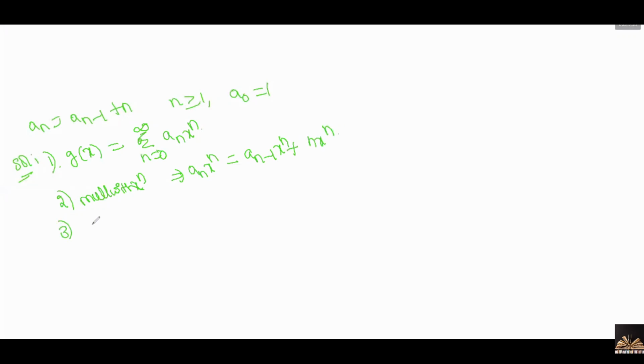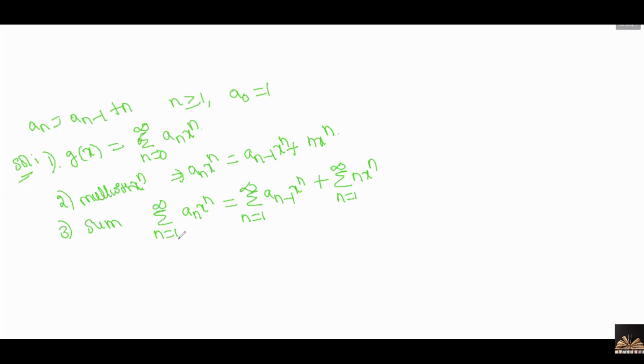Now take the summation, then it becomes, what is the minimum value? n is equal to 1 to infinity. Summation of a n into x power n is equal to summation of n is equal to 1 to infinity a n minus 1 into x power n plus summation of n is equal to 1 to infinity n into x power n. Right?